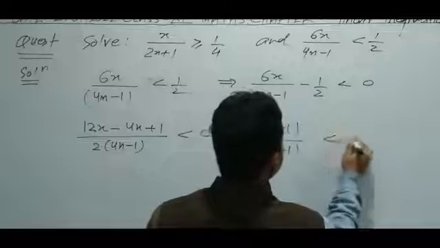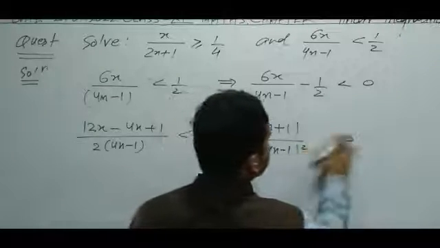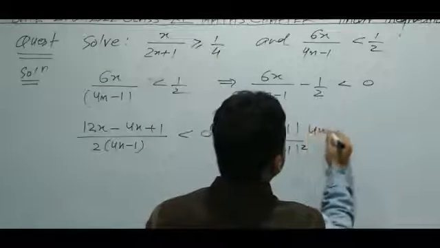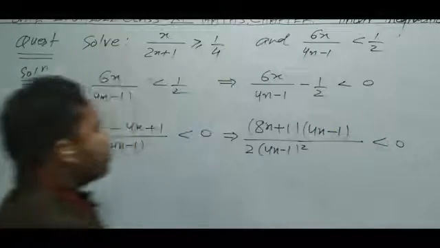This is lesser than 0. And suppose you rationalize by 4x minus 1, so this will be lesser than 0.